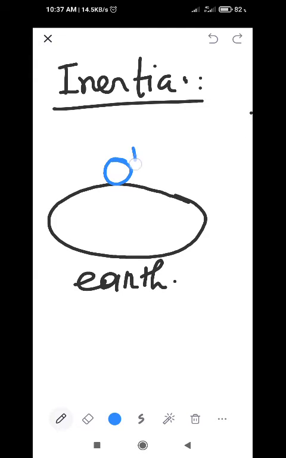This is at rest, and this body will remain at rest forever if no external force is applied on it, right? Clear? But if it is in motion, think that if it is in motion, what would happen?